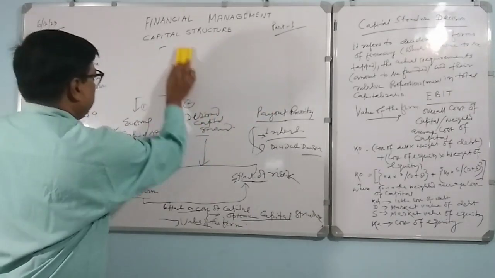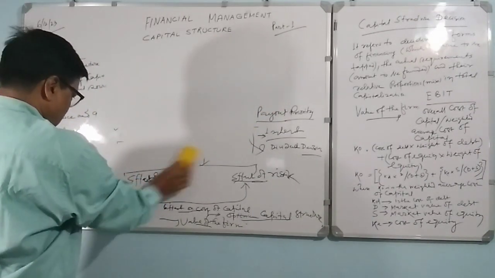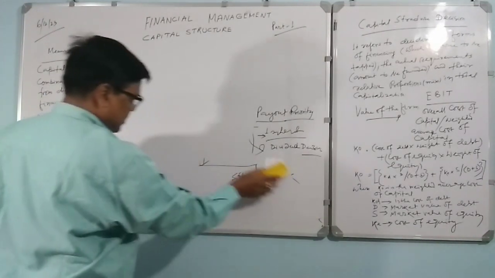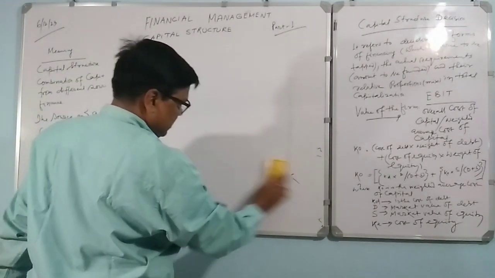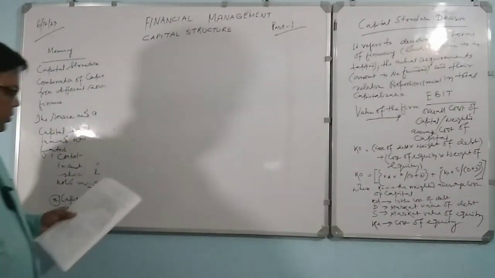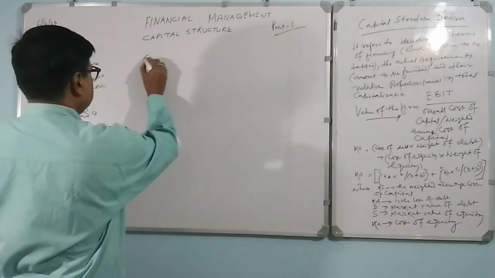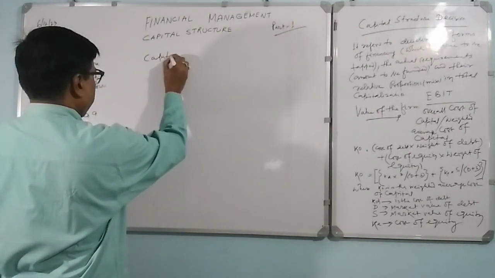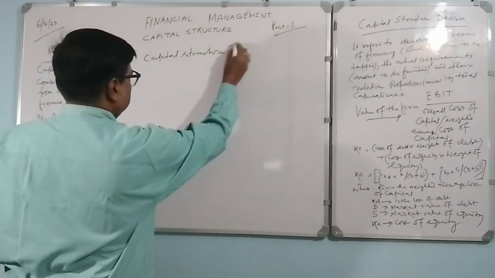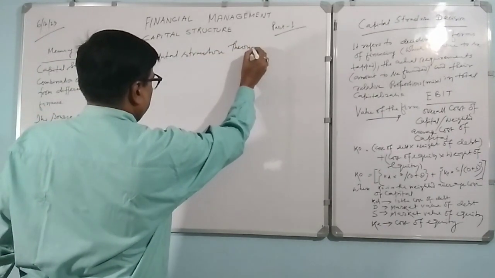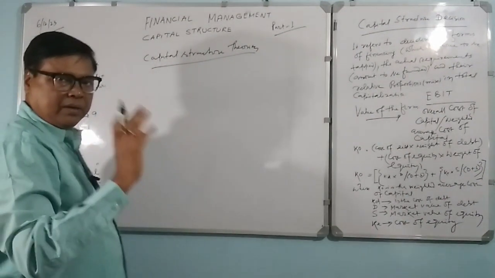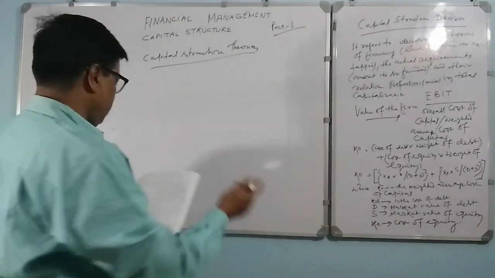So next part, today we will be completing all these theoretical parts. In our next one or two lectures, I will be giving different theories of capital structure. See, capital structure theories means for every decision, some base conceptual things will be there.